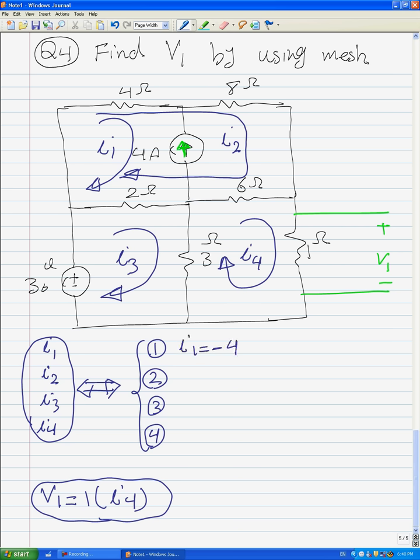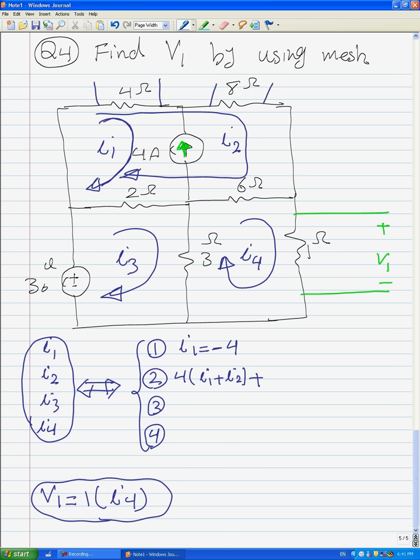Why? Because in loop 1, you can see this is loop 1, I1 is equal to minus 4. And for loop 2, we have voltage here. Voltage here is equal to 4 times current. Current is I1 plus I2. That's why we have 4 times (I1 plus I2) plus this voltage.